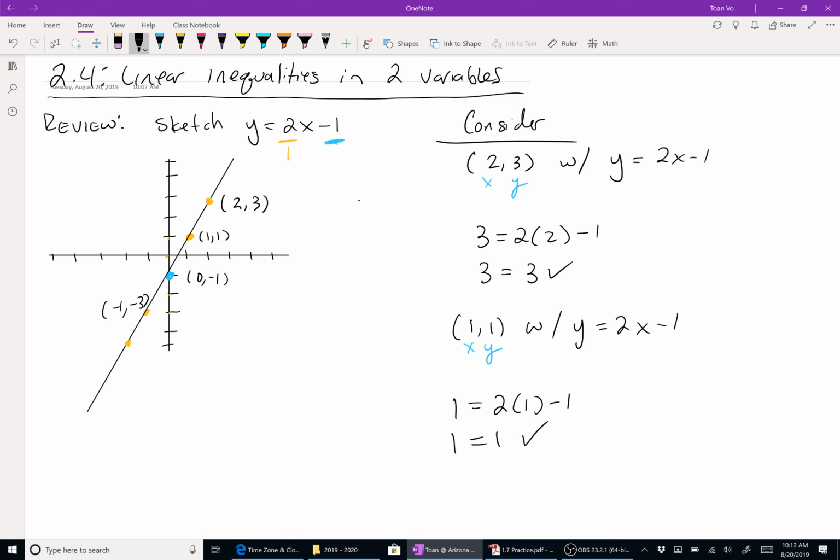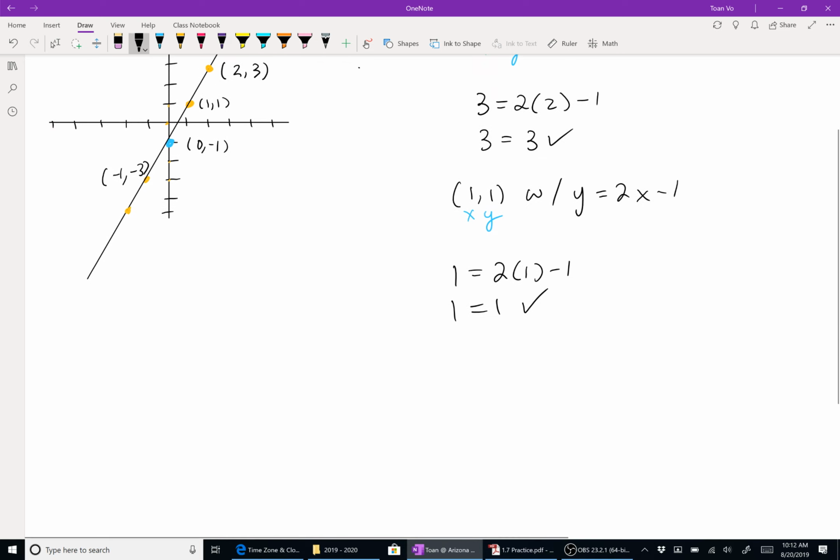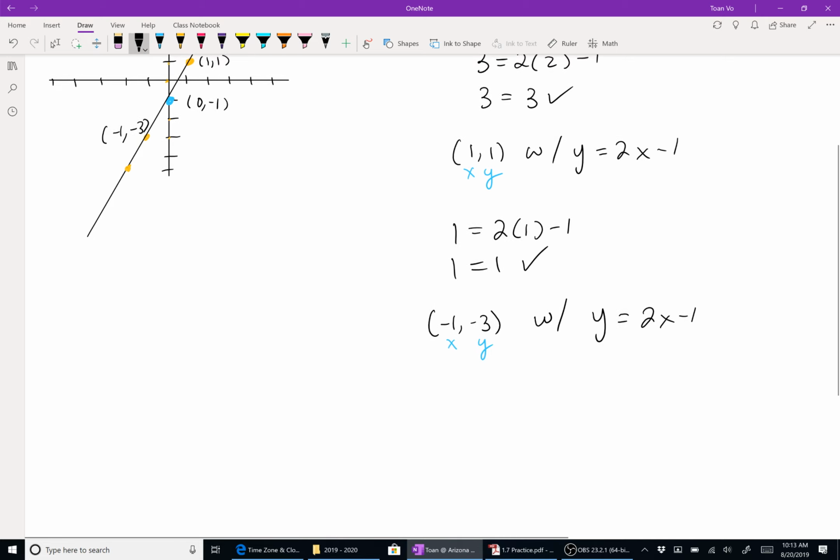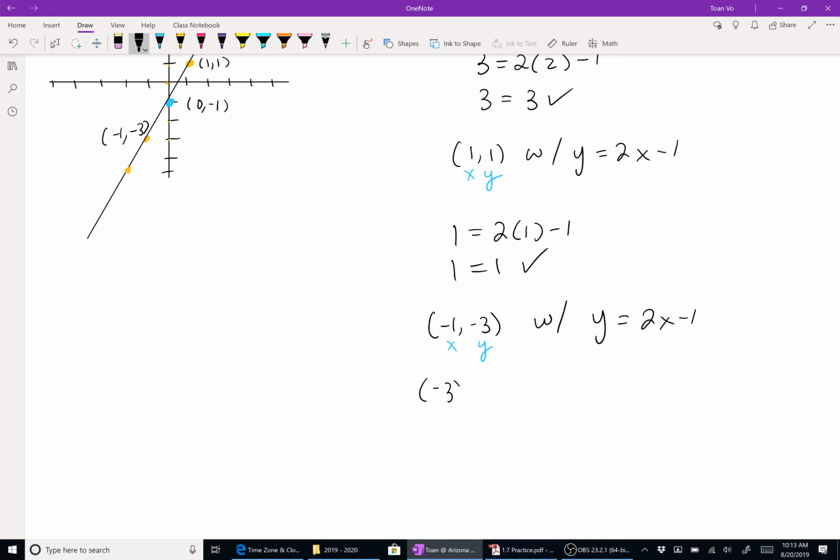The x is -1, the y is -3. So we get -3 equals 2 times -1 minus 1. We get -3 equals -3.